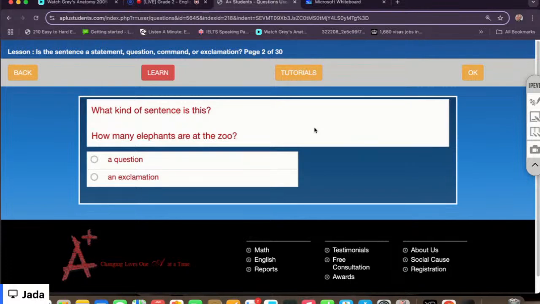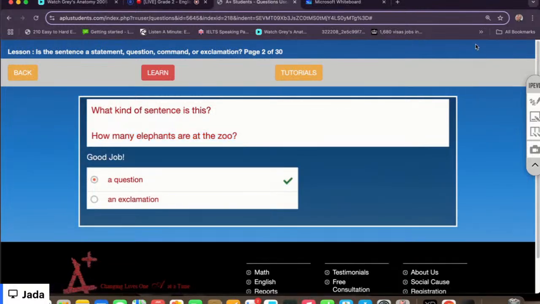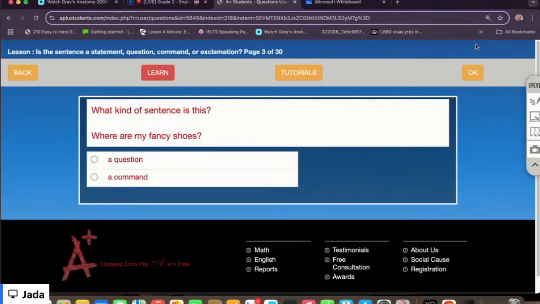So, what's the answer here? Well, this is a question as well because it ends with a question mark. It's asking how many elephants do you have at the zoo? So, it could be two, three, four, five, you know?